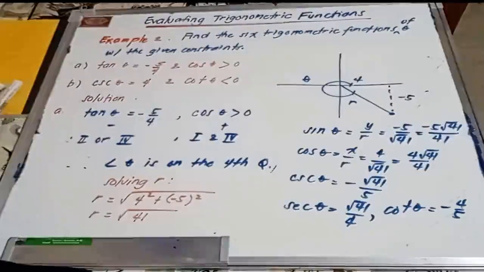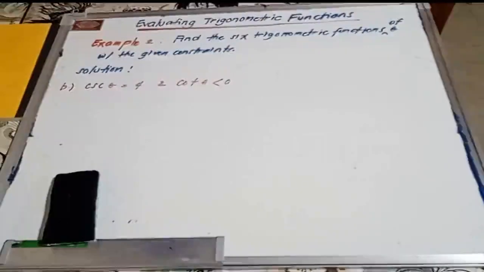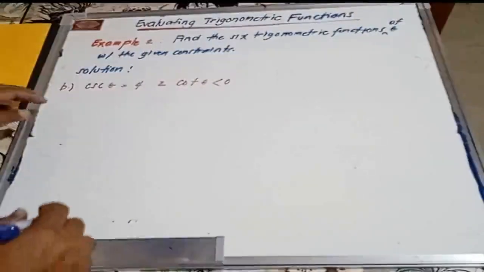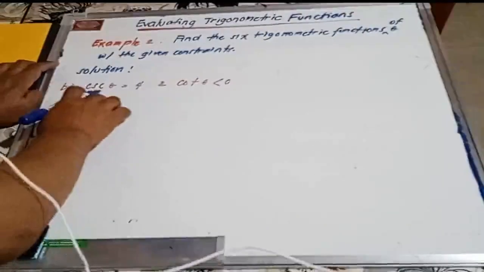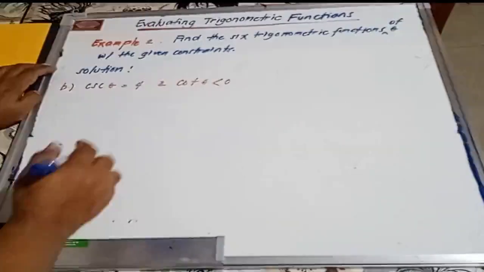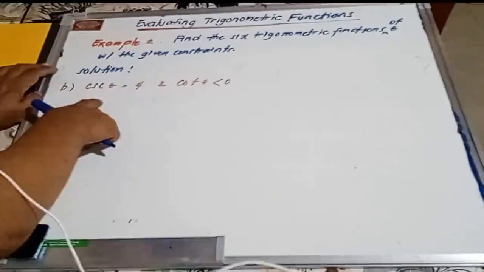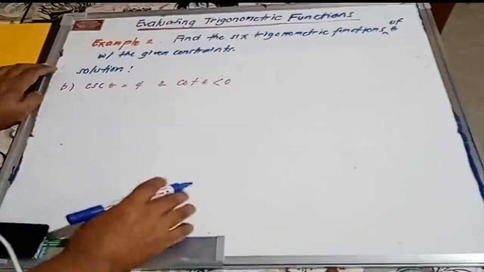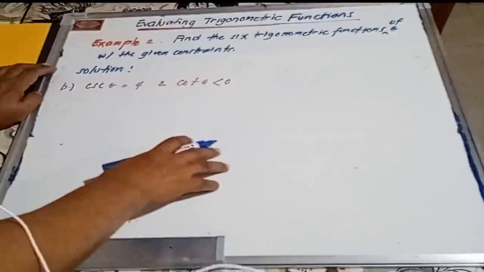Okay? For letter B, ito yung ating constraints or conditions. Si cosecant theta is equal to 4 and cotangent theta is less than 0. So, pag sinabi natin cosecant theta is positive, it's either siya ay nasa first quadrant or siya ay nasa second quadrant.